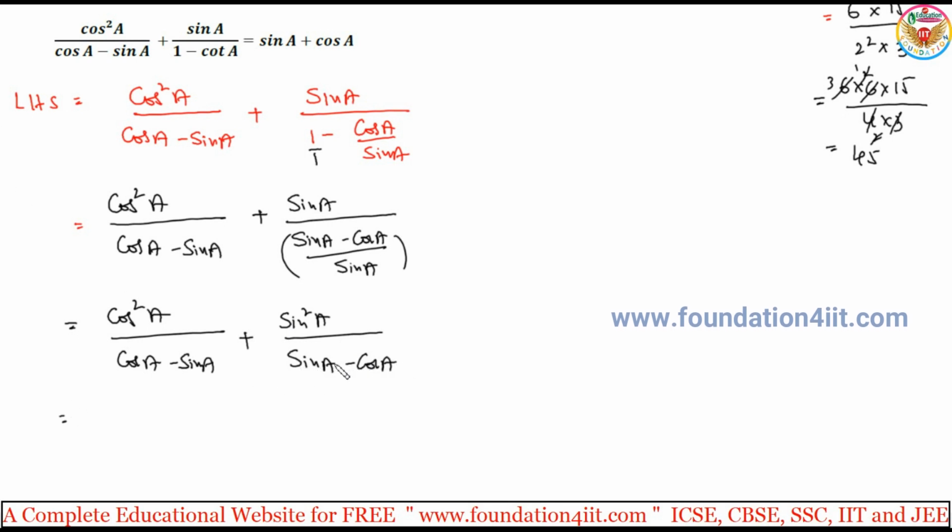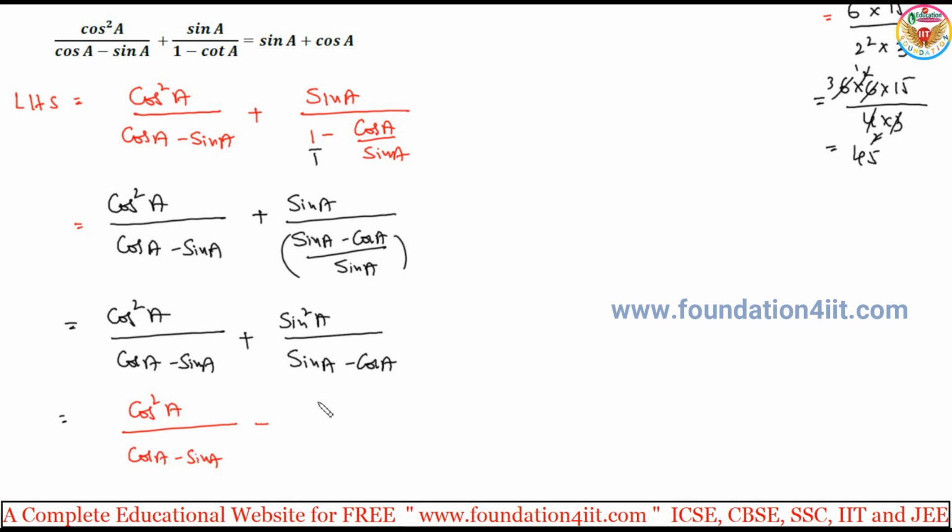Instead of sin a minus cos a, if I write cos a minus sin a, change the sign. Then cos square a by cos a minus sin a, and instead of plus, keep minus: sin square a by cos a minus sin a, taking minus common, because minus into minus is plus.